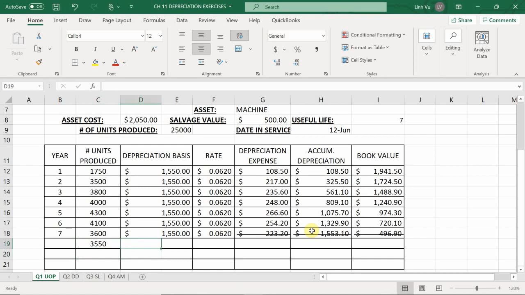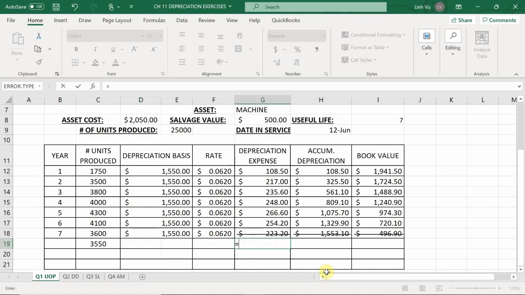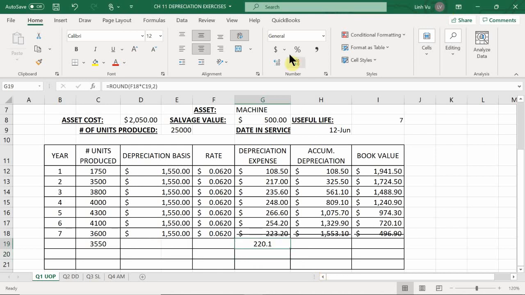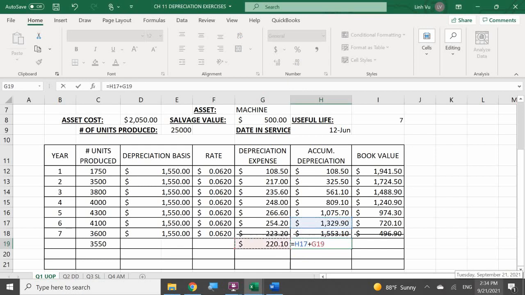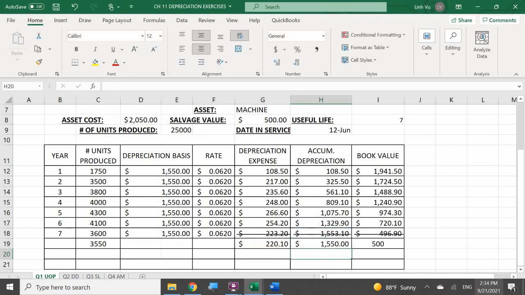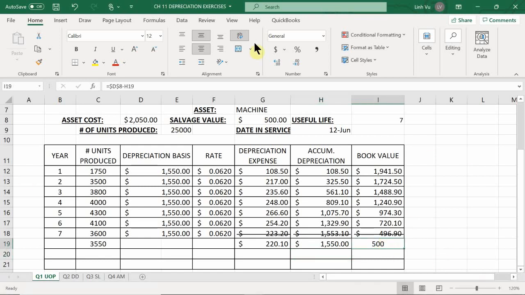So if I carry that across, 3,550 units, right? With my rate of 6.2, right? That should get you a grand total of $220.10 worth of depreciation expense. I'm going to add that to my previous years of the 1329 to give me a total of 1550, right? To give me a grand total of $500 in my book value.